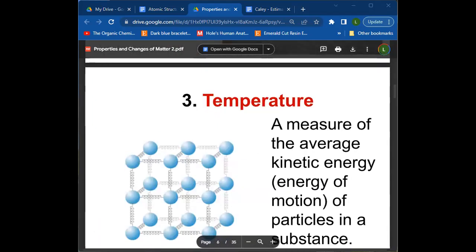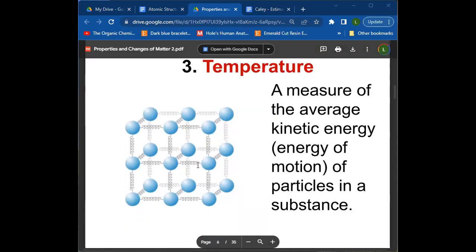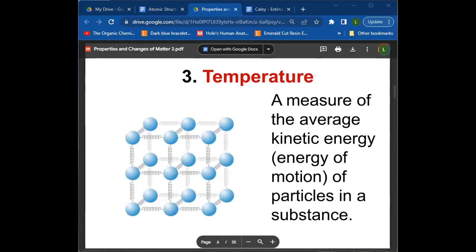Temperature is an example of a physical property.